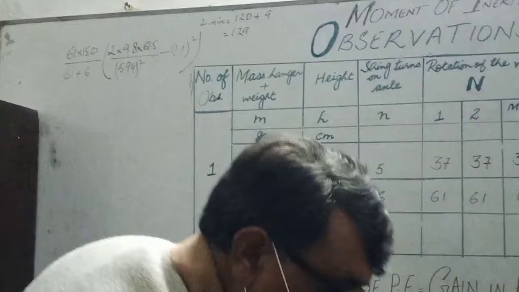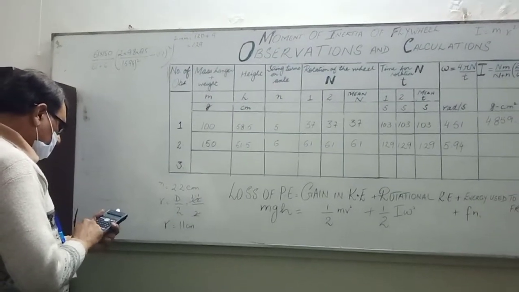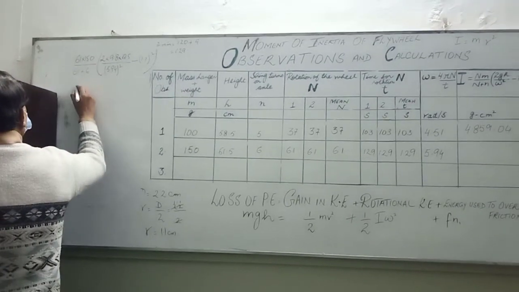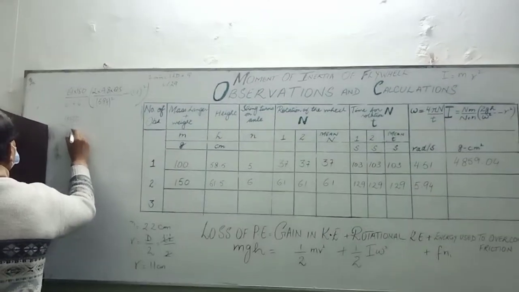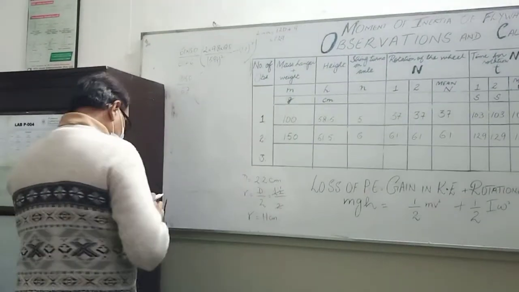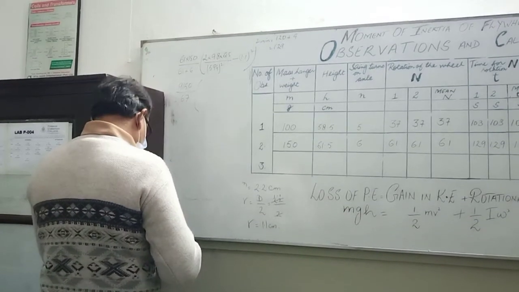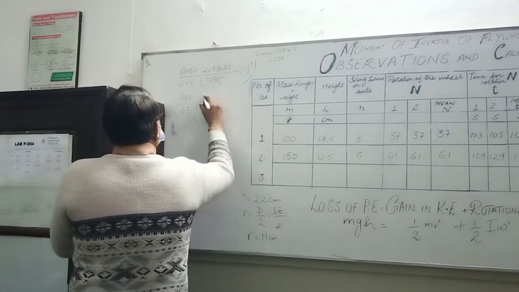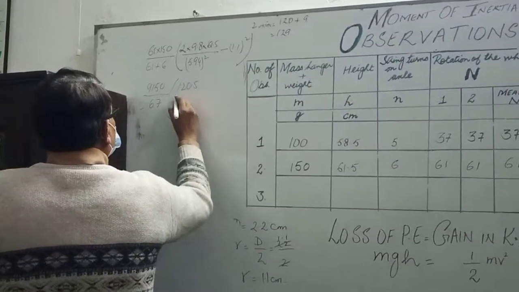With the help of the calculator, 61 will multiply with the mass. That would be 9150 divided by 67. One two zero five, and I'm going to take the product of this.